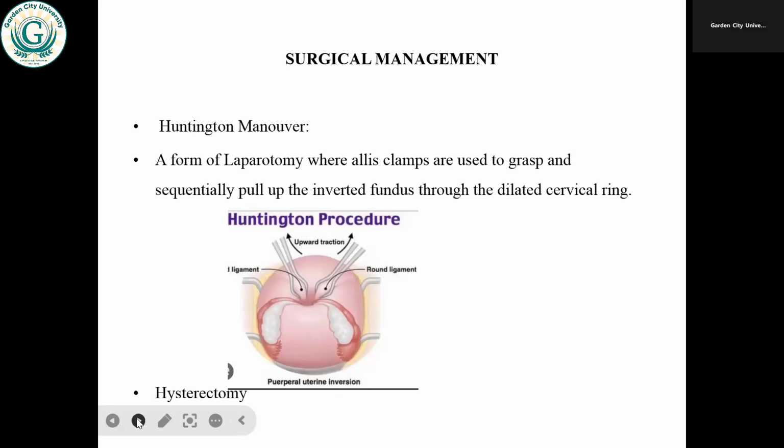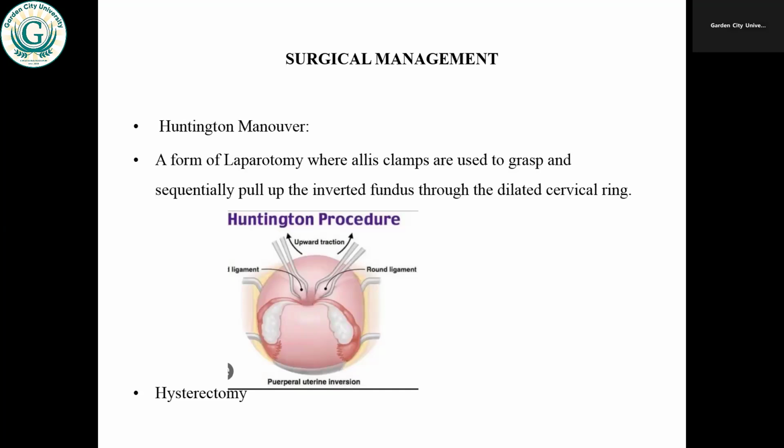And as they locate where the indentation has taken place, they use the Allis forceps to pull the round ligaments at where the indentation has taken place and pull it up. As they pull the ligaments up, the indented portion will also come out. So that is the Huntington maneuver.